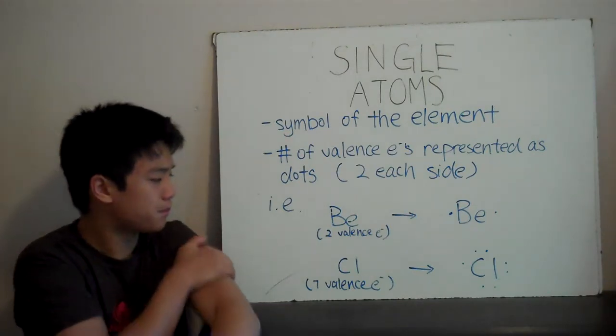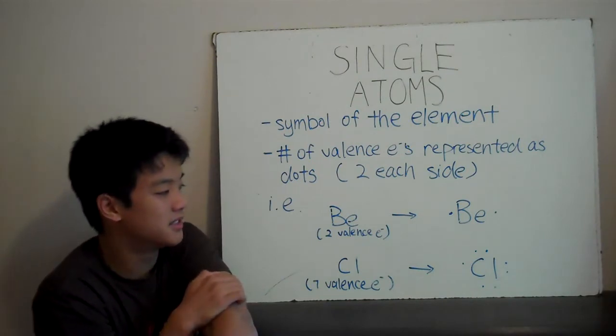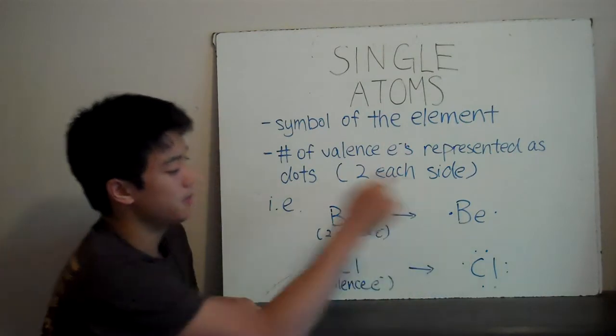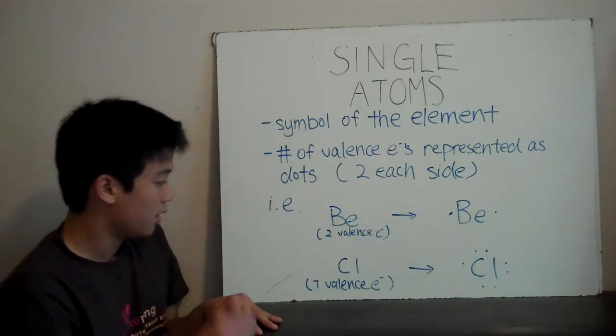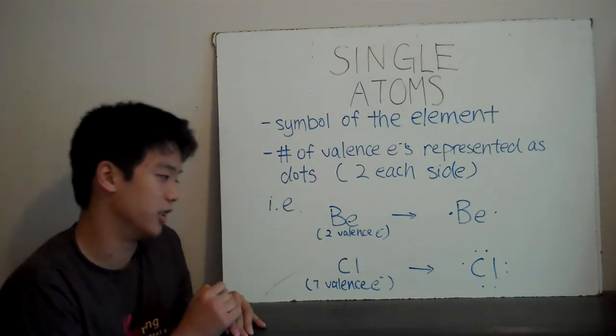Some examples: for beryllium, you have a total of 2 valence electrons. So to draw the structure, you start with the beryllium atom, and then draw 2 dots to represent the 2 valence electrons. Next, the chlorine atom. It has a total of 7 valence electrons.